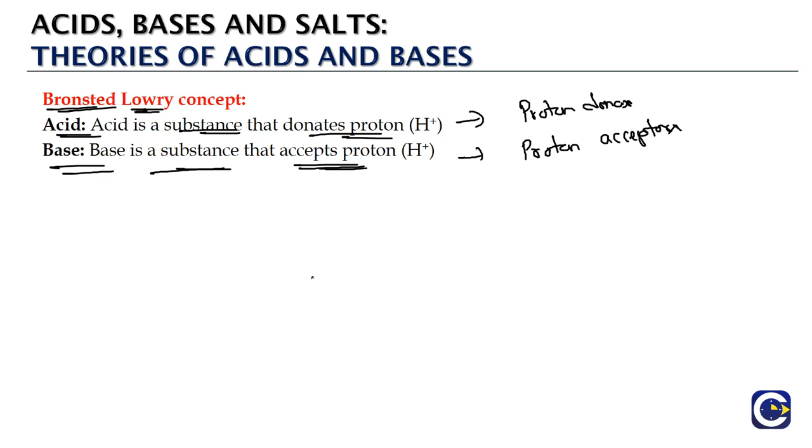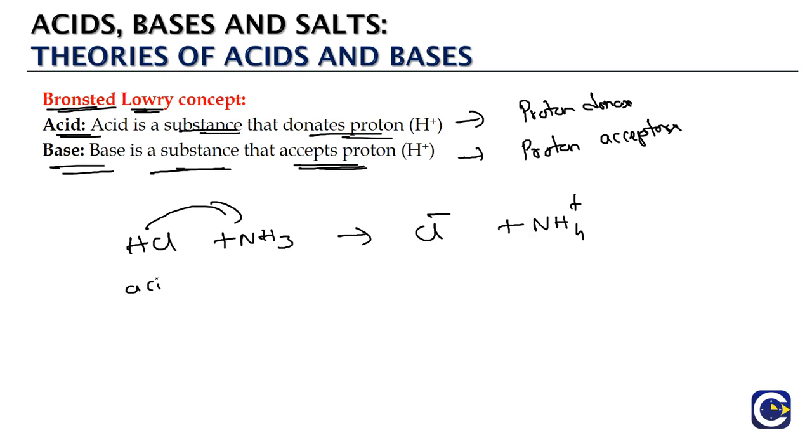Now as per this definition, if you look at the HCl and ammonia reaction, HCl will give an H plus ion, which will be taken by ammonia. Thereby we form Cl minus ions and NH4 plus ions. So here HCl is donating a proton, thereby acting as an acid, and ammonia is accepting a proton, thereby acting as a base.